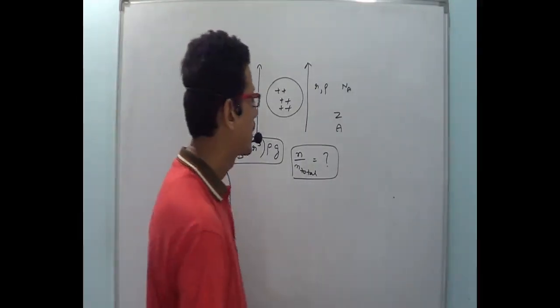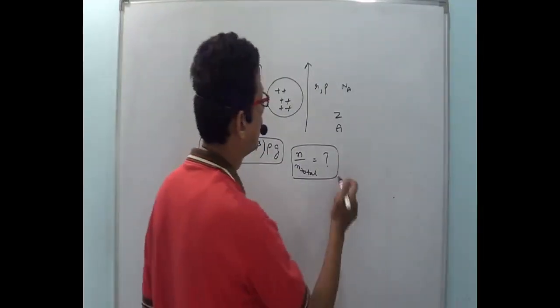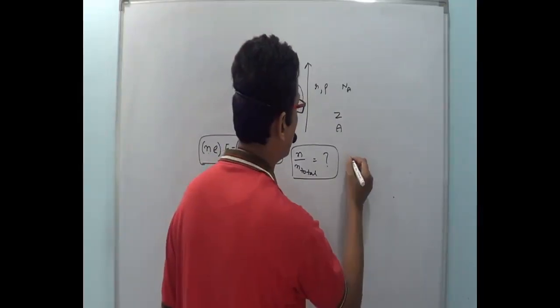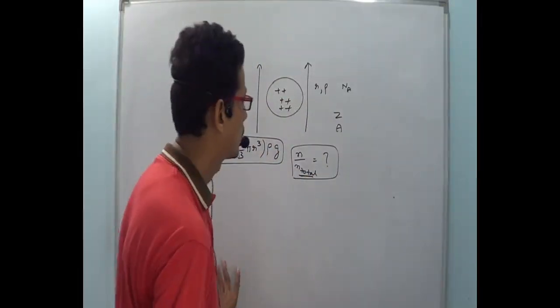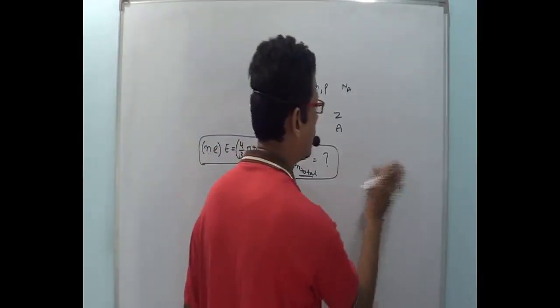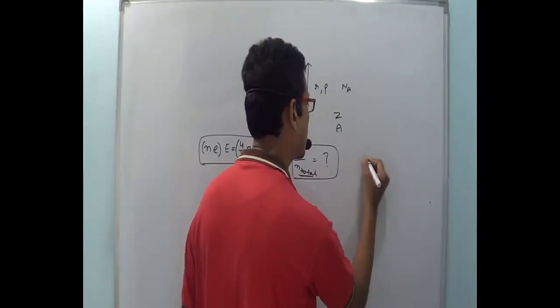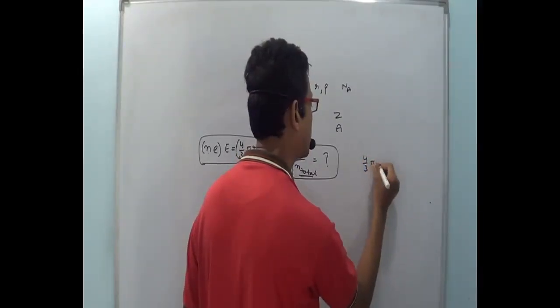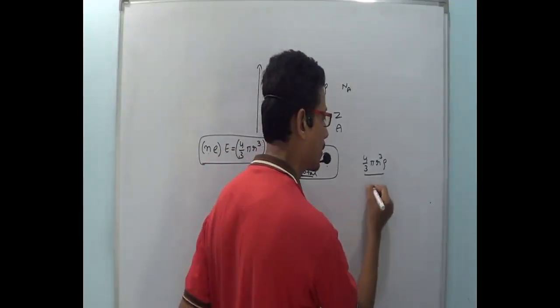Okay. Next. What is the total number of initial electrons? So total number of initial electrons is, what is this, mass by mass number?